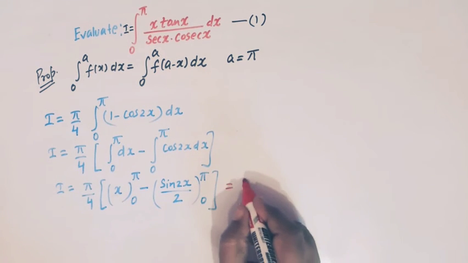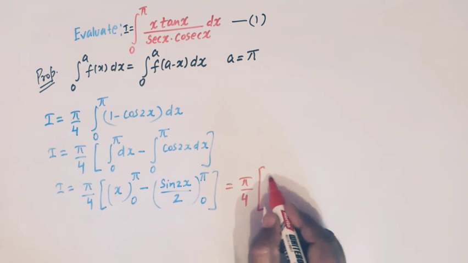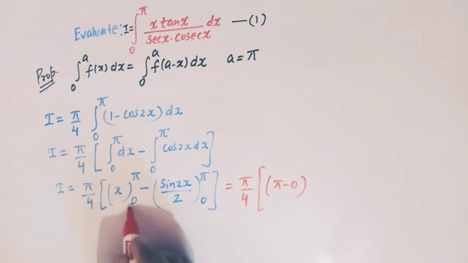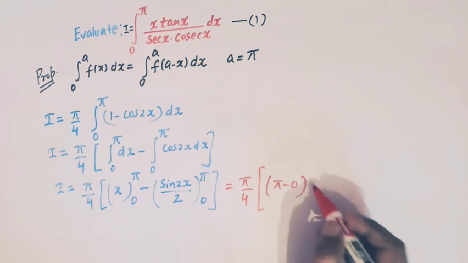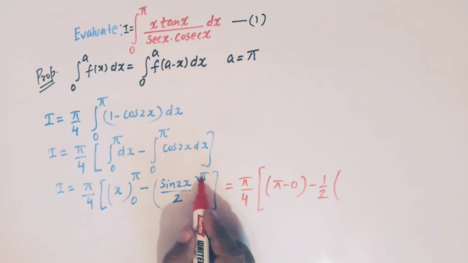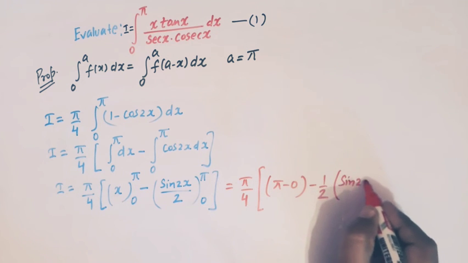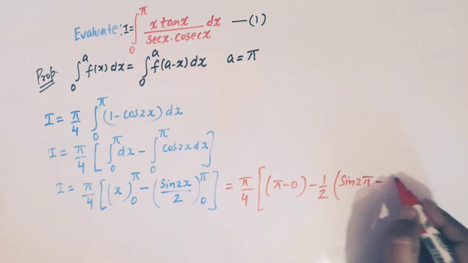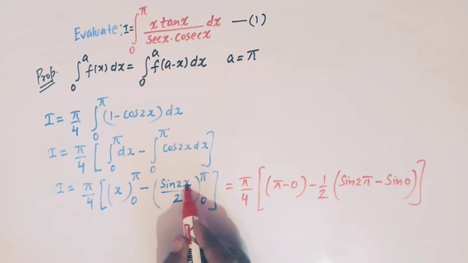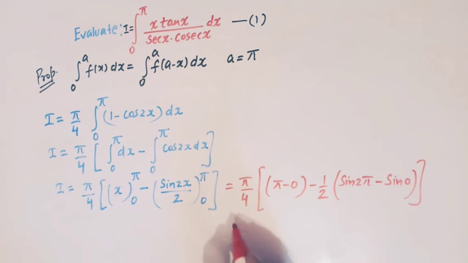Now this can further be written as pi by 4 times pi minus 0. We have substituted the limits and taken the difference, and here we have half times sine of 2 pi minus sine of 0, right? For pi we have sine 2 pi, and for 0 we have sine 0.